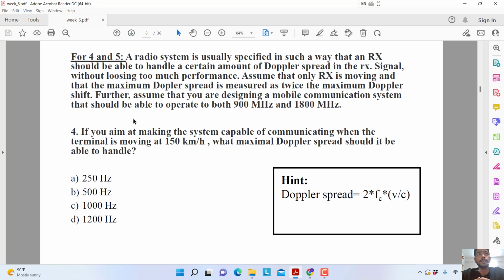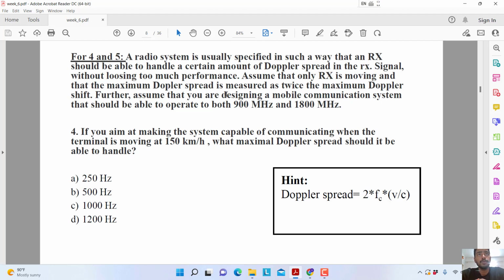Next question is a numerical question, and the data is the same for questions number 4 and 5. Firstly, we read the data. A radio system is usually specified in such a way that a receiver should be able to handle a certain amount of Doppler spread in the received signal without losing too much performance. Assume that only the receiver is moving and the maximum Doppler spread is measured at twice the maximum Doppler shift.